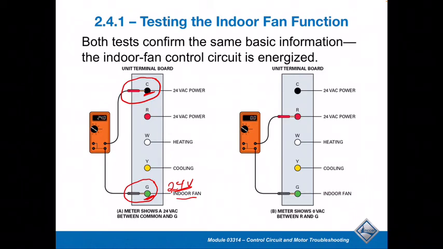Now, if I were to go between R, the R terminal, and G, I would be looking for 0, simply because the R terminal is actually sending voltage to G if it's working correctly. Here's the problem with that. If I don't have voltage at R, it's also going to read 0.